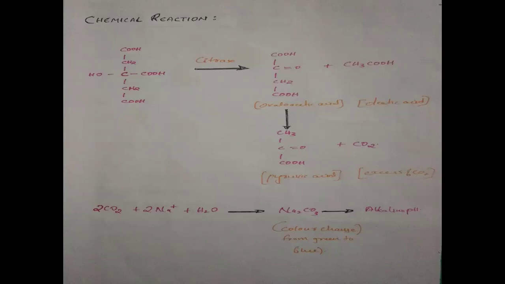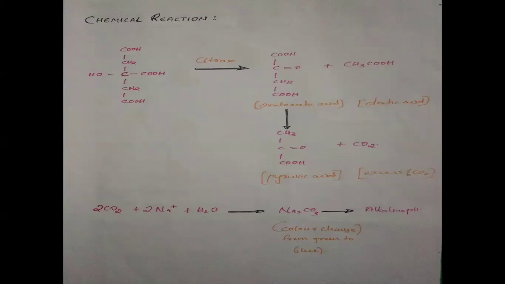This carbon dioxide combines with sodium, which is already present as an inorganic compound in the Simmons citrate agar medium, and forms sodium carbonate. This sodium carbonate is the reason the medium changes from acidic to alkaline.